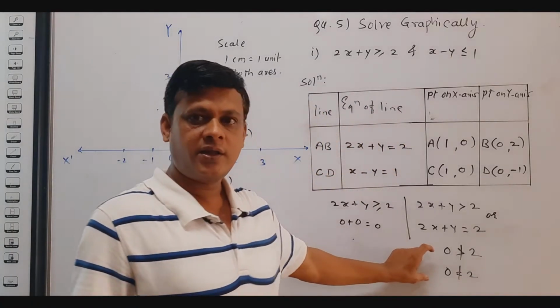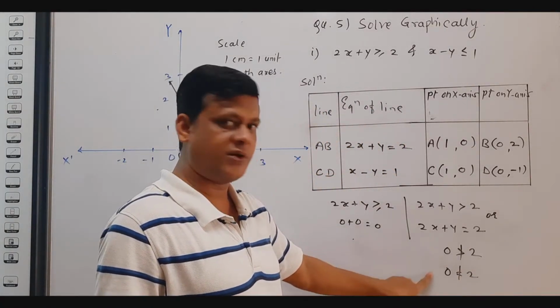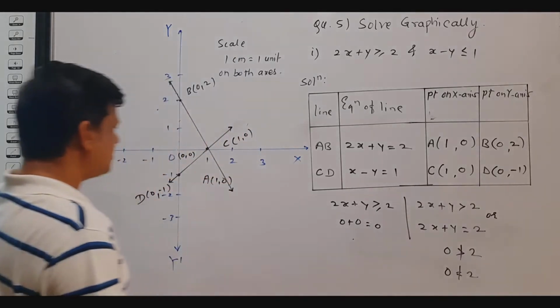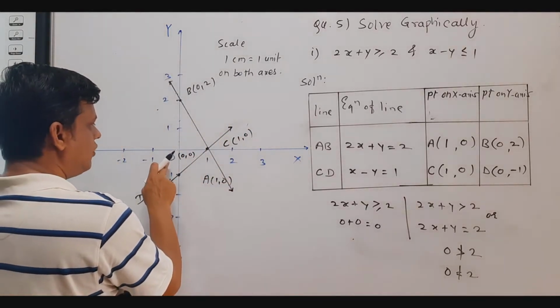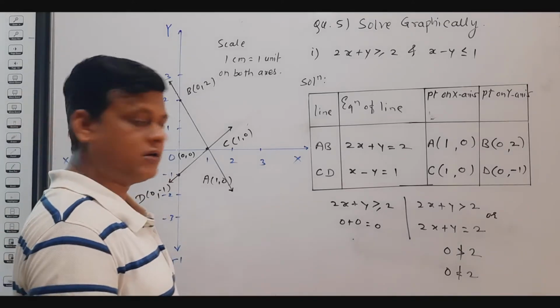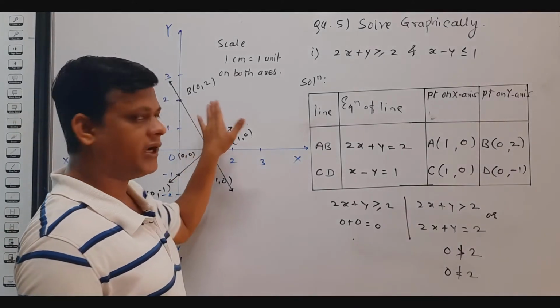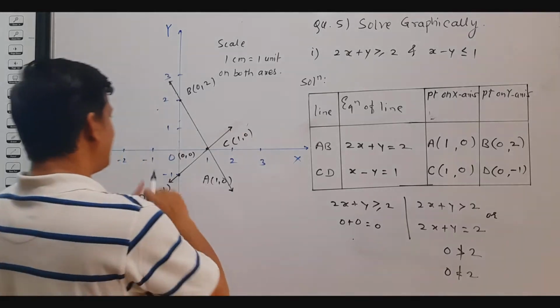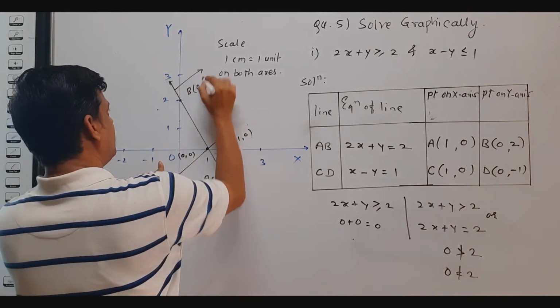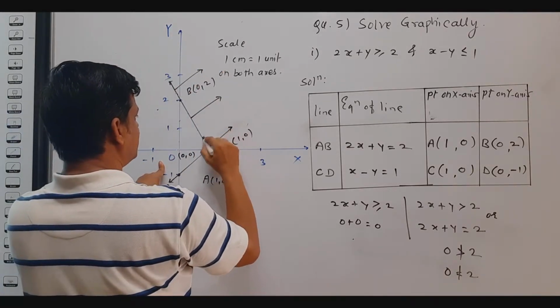That means this point does not satisfy the first inequality. So from this we say that the origin is not included in the solution. So we mark the opposite side to it, the upper side.